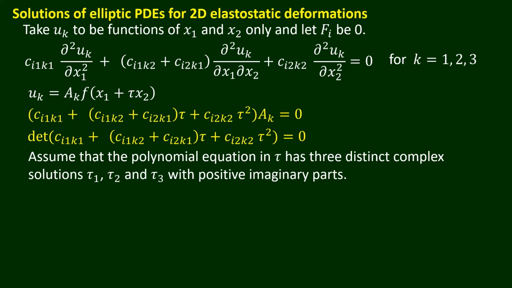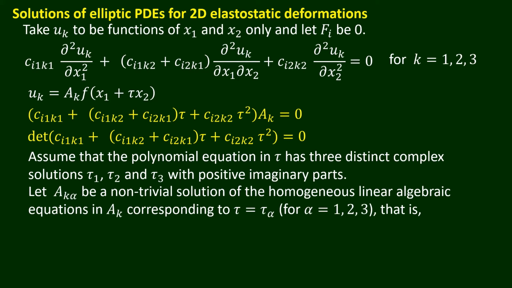Assume that the polynomial equation in τ has three distinct complex solutions, τ1, τ2, and τ3, with positive imaginary parts. Let akα be a non-trivial solution of the homogeneous linear algebraic equations in ak corresponding to τ = τα, for α = 1, 2, 3, that is, [Ci1k1 + (Ci1k2 + Ci2k1)τα + Ci2k2 τα²] akα = 0.